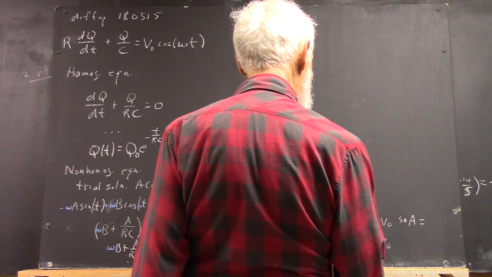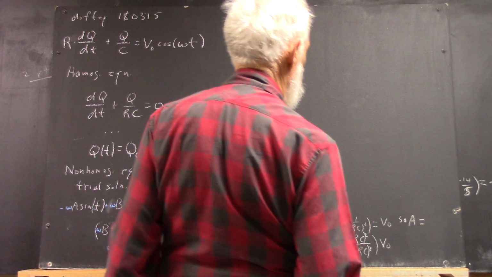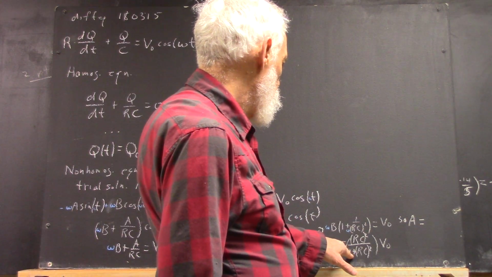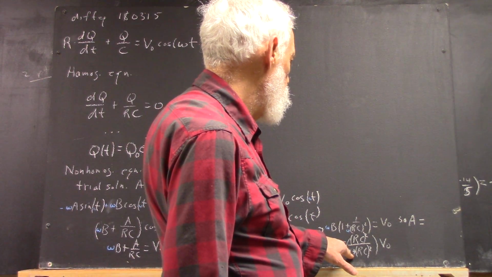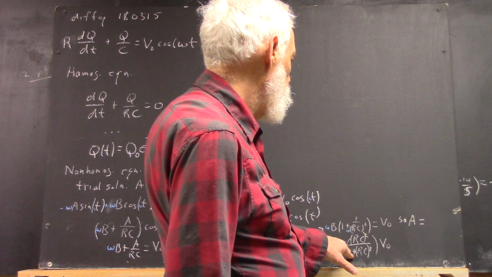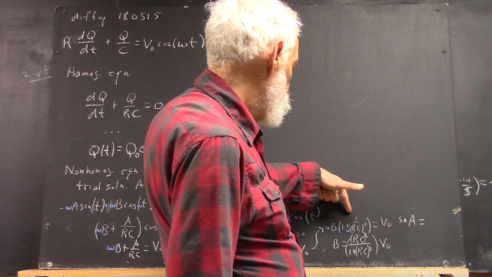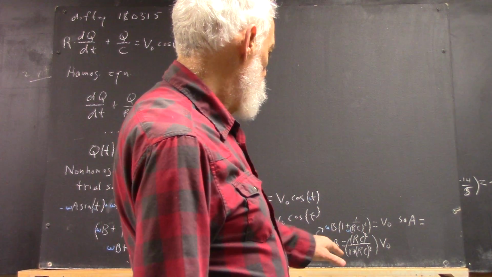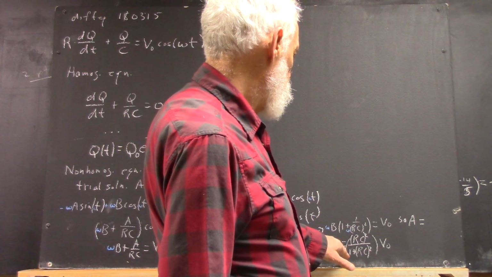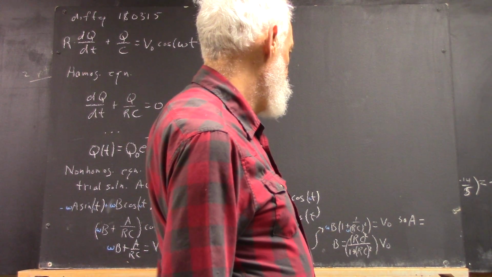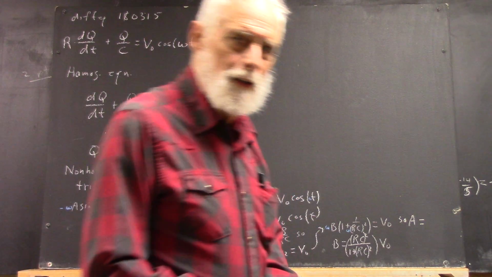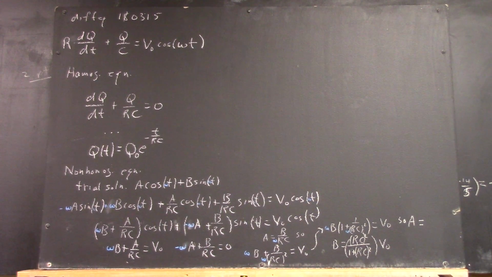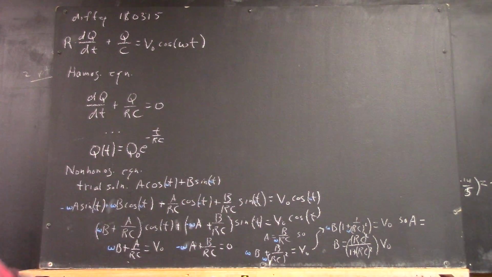And when you solve for B, you're going to get a reciprocal. Wait a minute. You're going to have an omega here, and then you're going to have reciprocal omega. Well, I better write it out. I was going to say it would be omega times 1 plus omega RC squared, right? Yeah, like that. I just can't figure out how to write it in there.